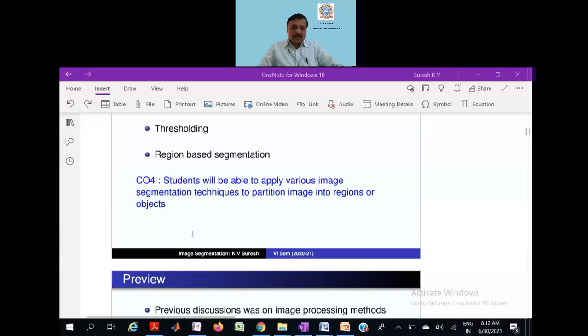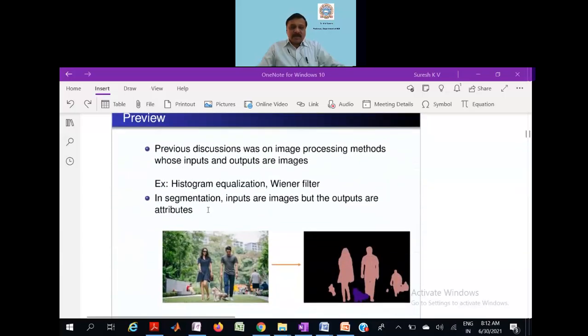At the end of this particular unit, you should be in a position to apply various image segmentation techniques to partition an image into regions or objects. Let us try to understand the basics. As I told you earlier, in the previous two or three units we discussed image processing methods whose inputs and outputs are images.